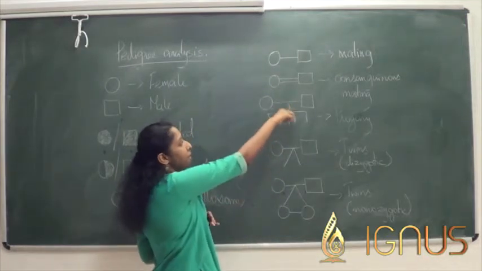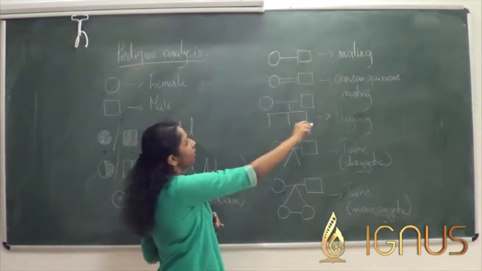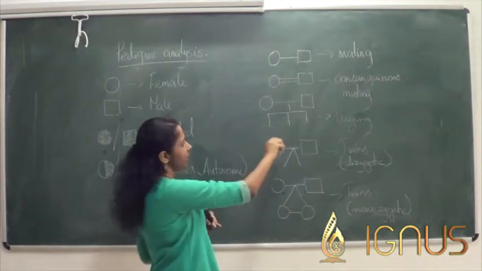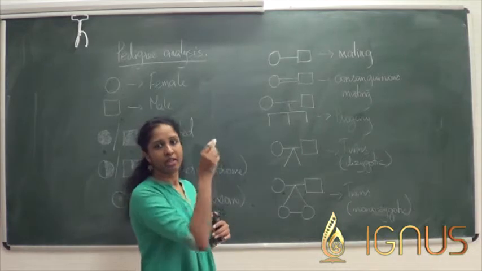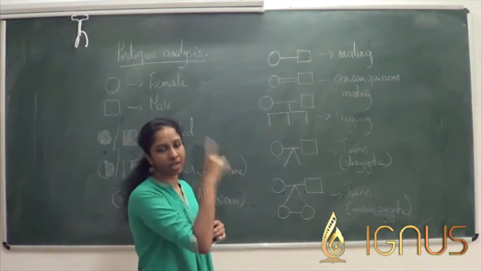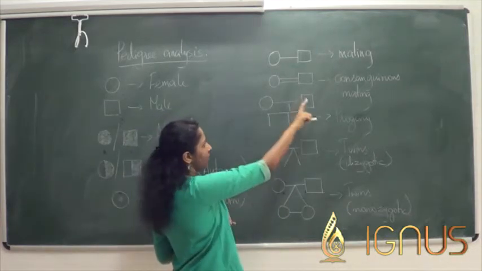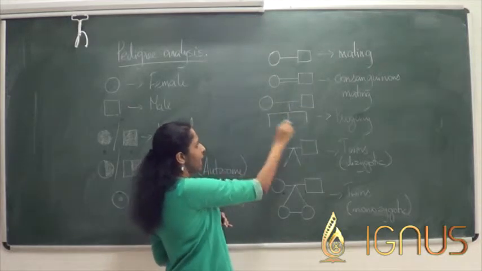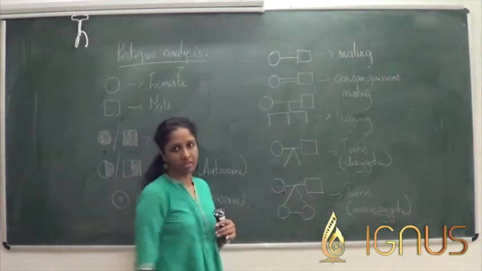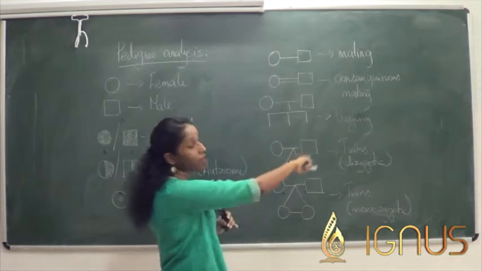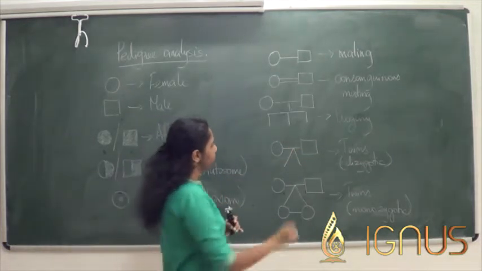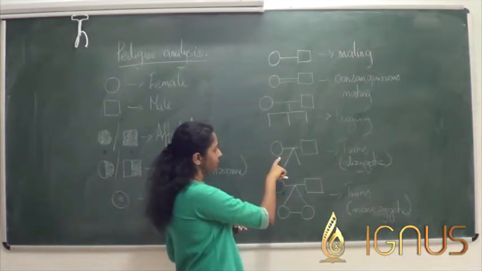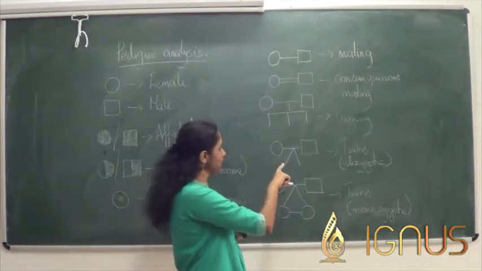If there is a perpendicular line drawn and then a horizontal line drawn again, that represents progeny. Progeny meaning the offspring that will arise from the mating of that female and male. So this female and male are mating, and they are going to produce, let's say, 3 offspring. So that is how the offspring are represented. Okay, and then you will have how twins are represented.